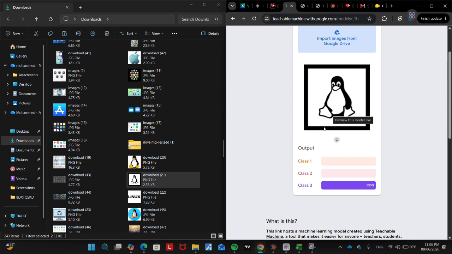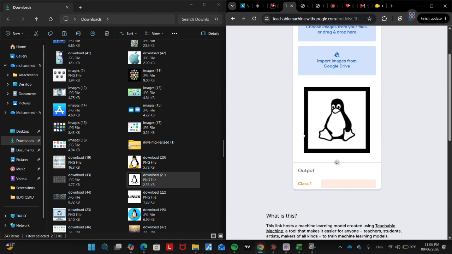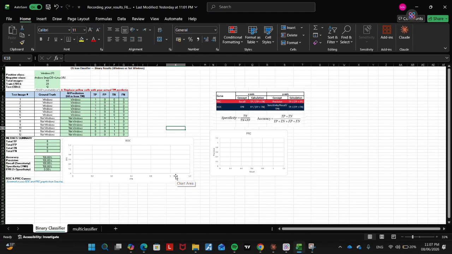Okay, this time it predicted wrong because the AI model needs to be trained several times. We'll try another picture. It gave us 100% class 3, which is actually Linux.